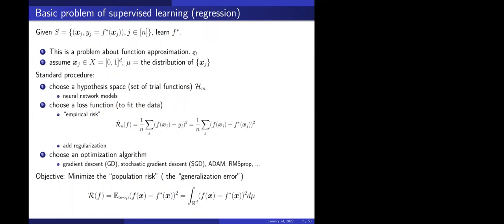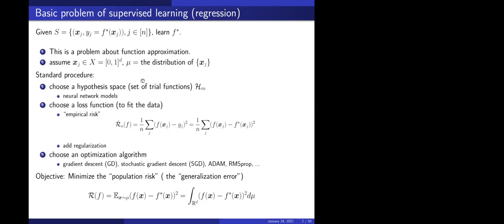This is a very familiar, classical problem. Now, because it's going to be mathematical, we'll specialize ourselves to the situation when the data comes from the unit cube, and mu is going to be the distribution of the sample points xj. So the standard procedure in machine learning to solve this problem is as follows.